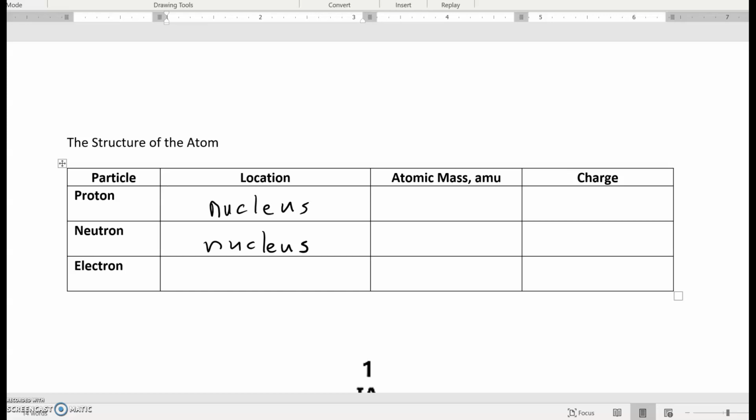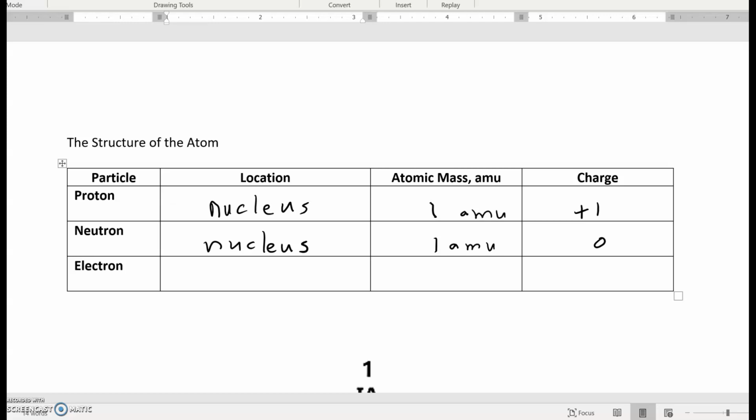The proton has a mass of about 1 AMU and a charge of +1. The neutron has a mass of about 1 AMU and no charge.